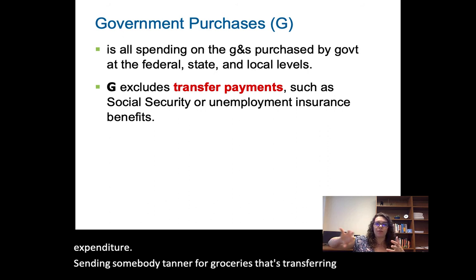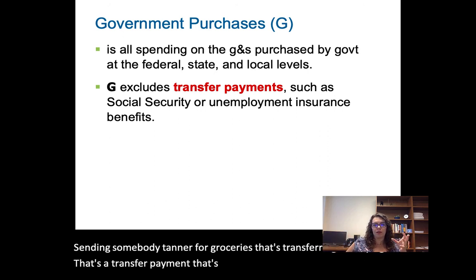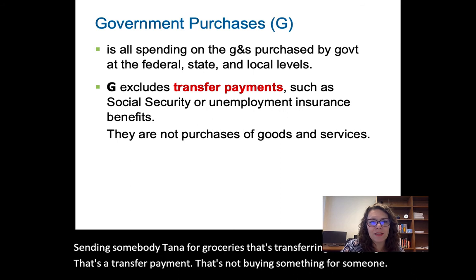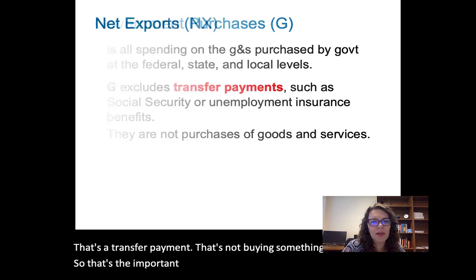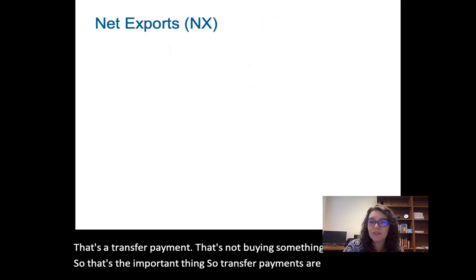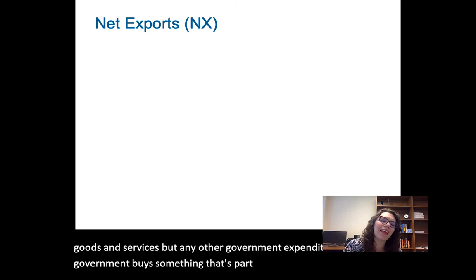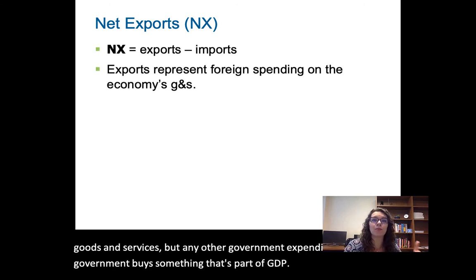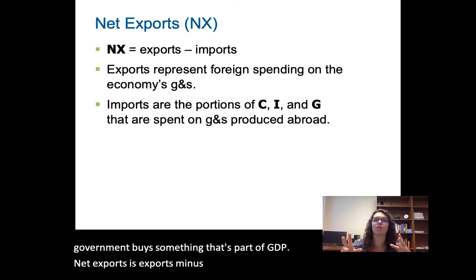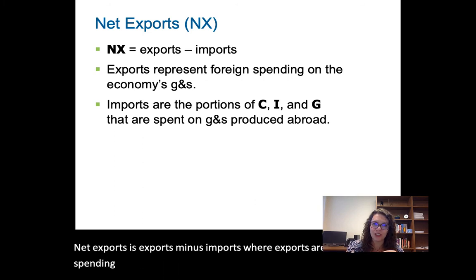That's a transfer payment. That's not buying something for someone. So that's the important thing. So transfer payments are not purchases of goods and services, but any other government expenditure where the government buys something, that's part of GDP.